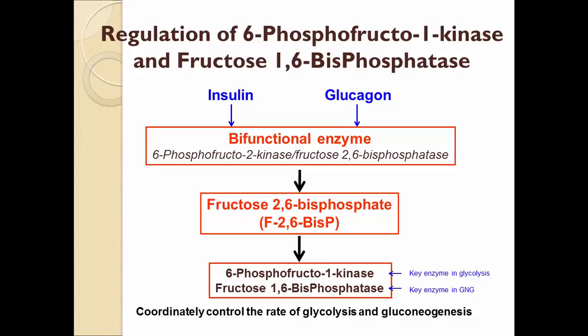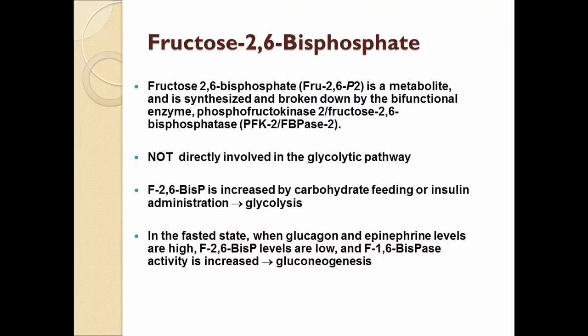So try to remember this sequence of events: first, insulin and glucagon regulate the bifunctional enzyme, which then controls the key substrate production, and it is this key substrate that directly regulates the key enzyme in gluconeogenesis or glycolysis.